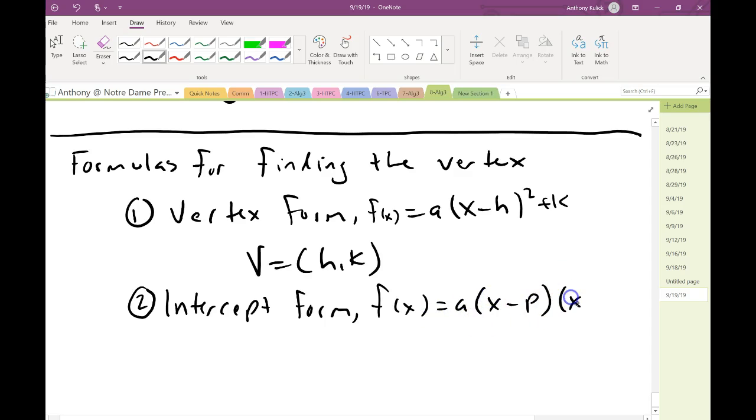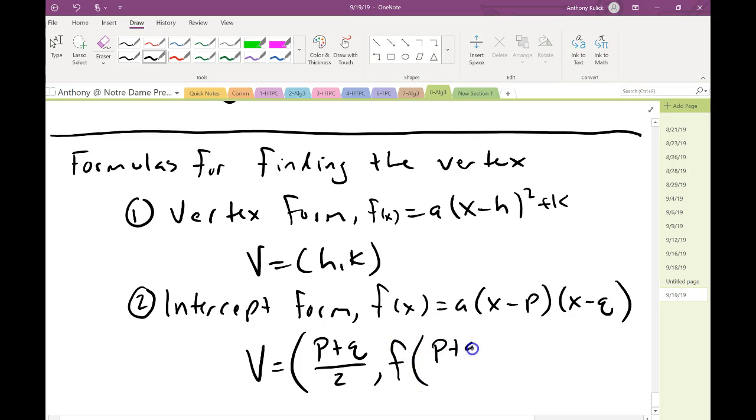So the intercept form, the vertex here is the point, the x-coordinate is p plus q over 2. And then to find the y-coordinate, what I'm going to do is take my answer for the x and plug it back into my function.